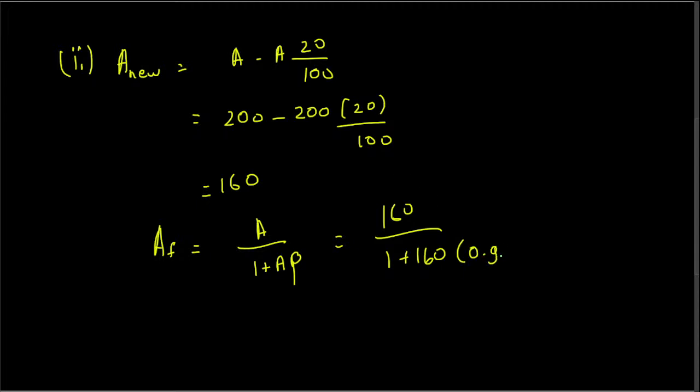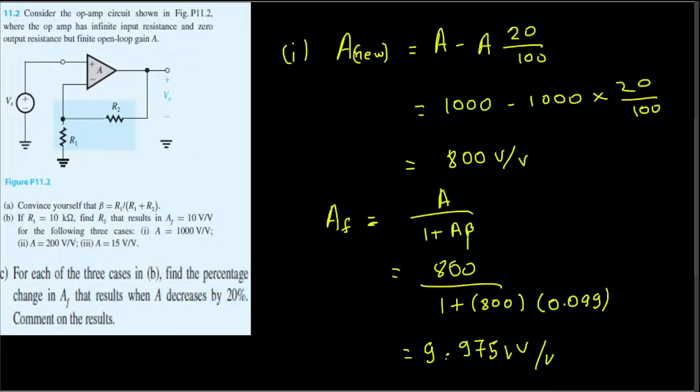We did it in the part B of this question. Calculate this, and you're going to end up getting the closed loop gain value to be 9.876 voltage per voltage.